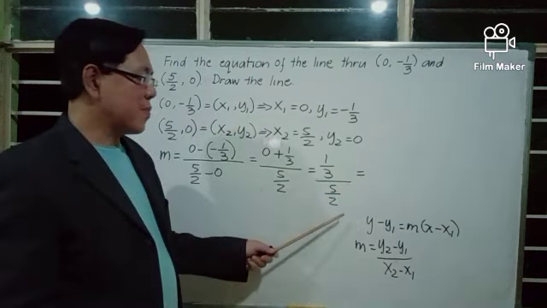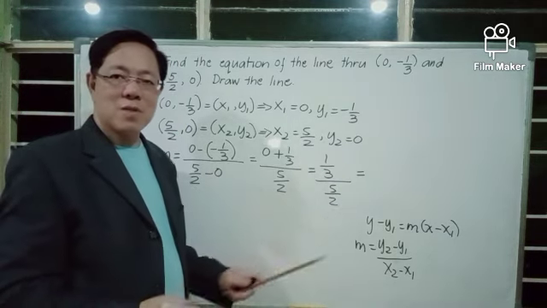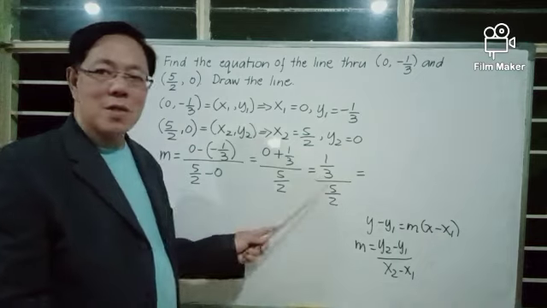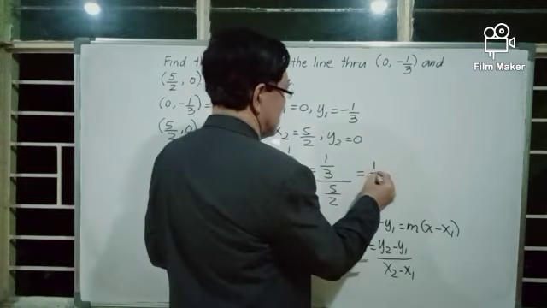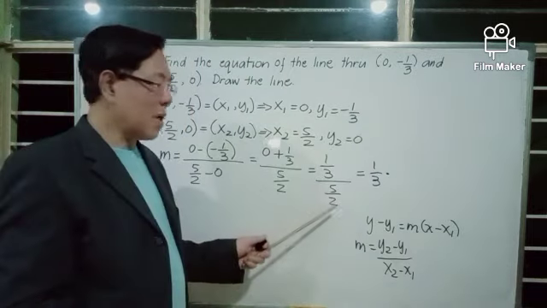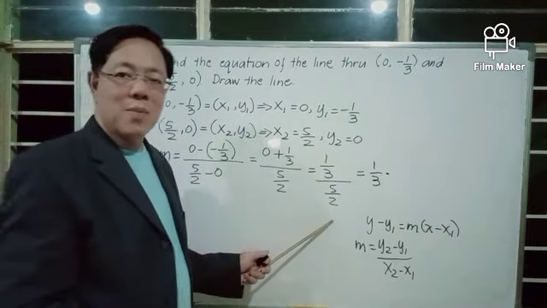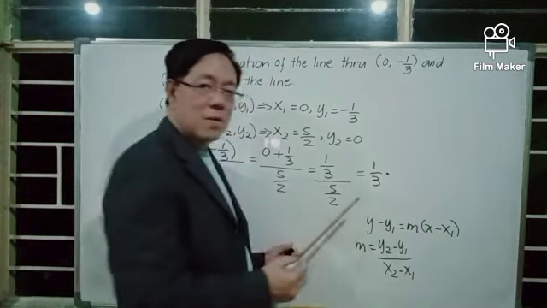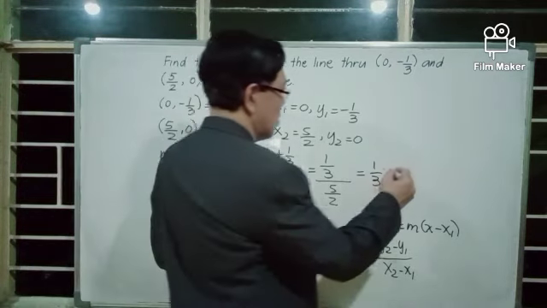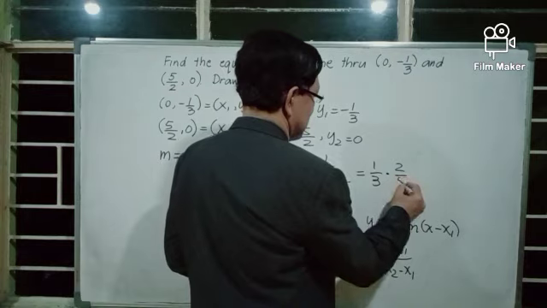And we simplify this complex fraction by multiplying the numerator 1/3. We multiply 1/3 by the reciprocal of the denominator. And the reciprocal of 5/2 is 2/5.